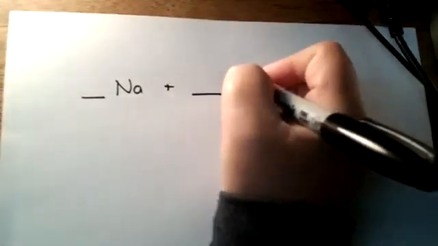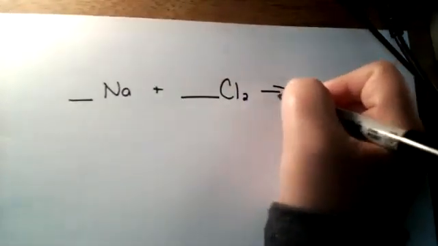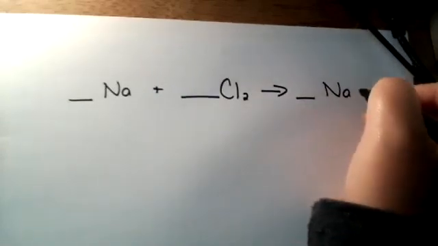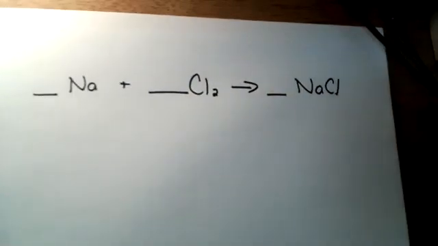We're only allowed to change the coefficients. So some examples of these types of problems would be something like this. So I may give you something like this. So take a second, balance that one. Shouldn't take you but 3 or 4 seconds.